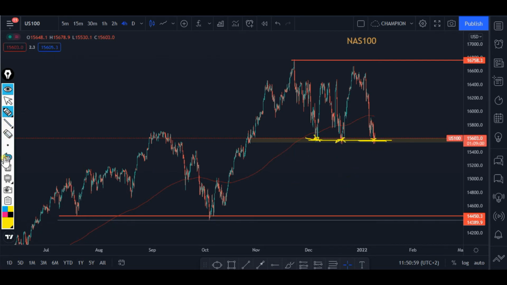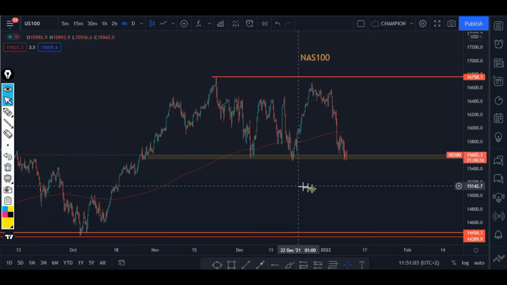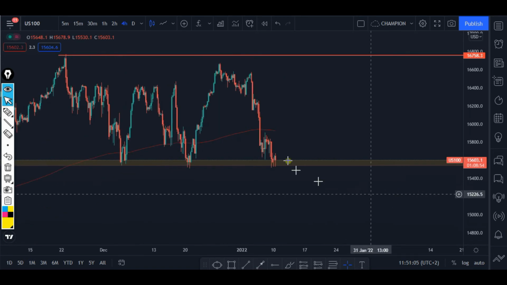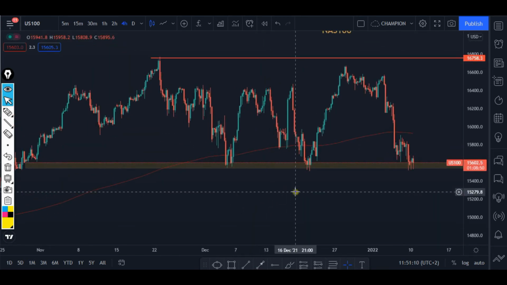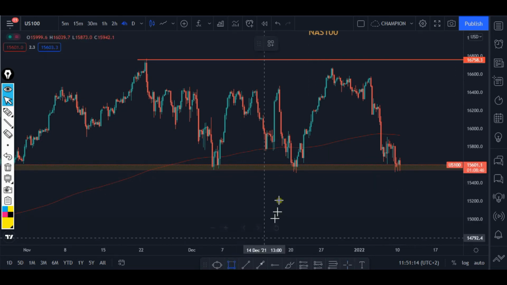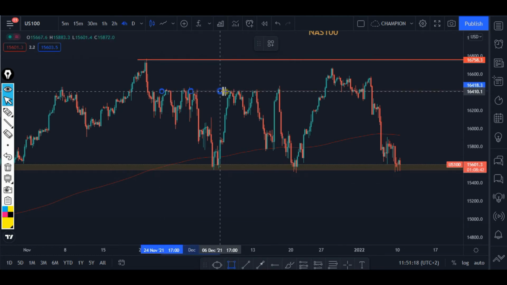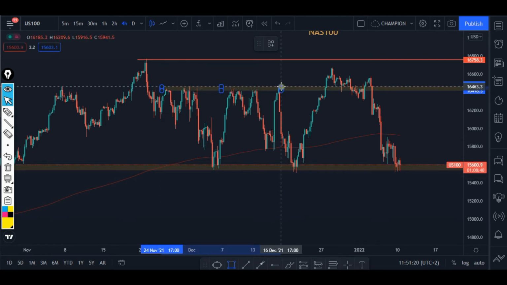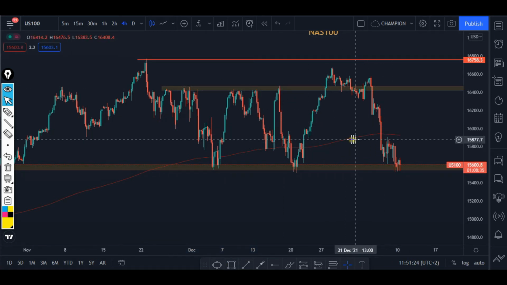And if we zoom in, remember we are on our 4-hourly time frame. If we zoom in, we can see that the market gave us a nice structure of a resistance right here. Hope you guys are able to see that resistance.